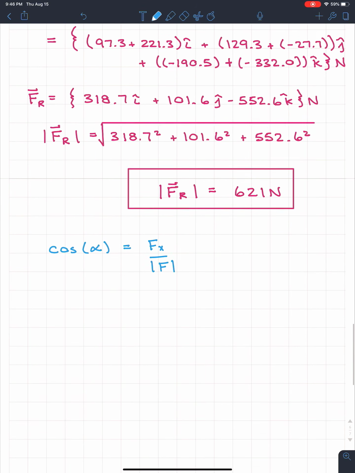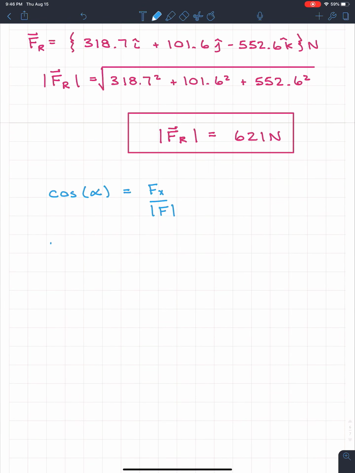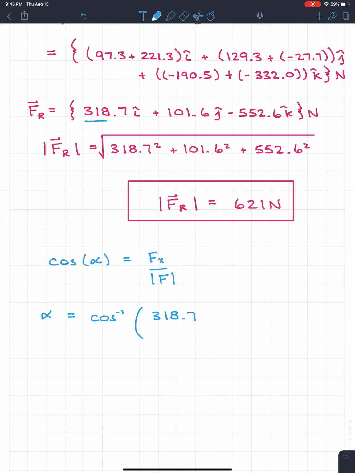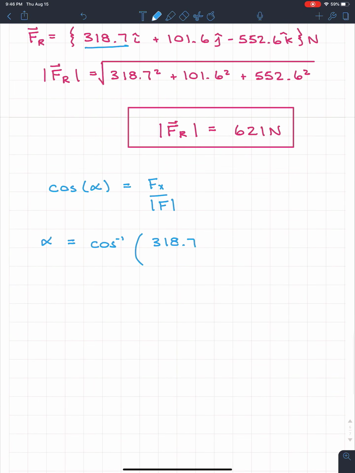So if we look here, we can tell that alpha is equal to the inverse cosine of fx, so the x component, which we know is the 318.7. So I'm just going to go up here and highlight it. That's the x component, 318.7. That's divided by the total magnitude, which is the 621. What happens is we get alpha is equal to 59.1 degrees.